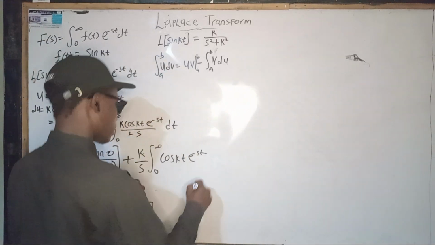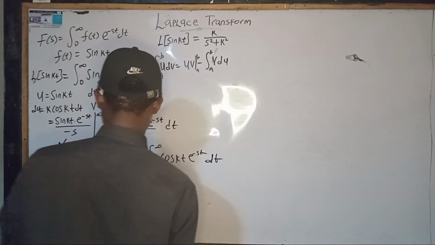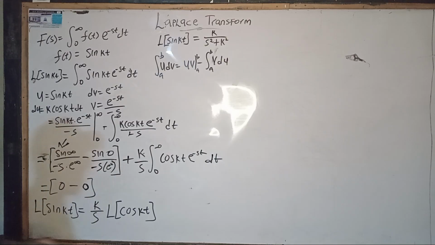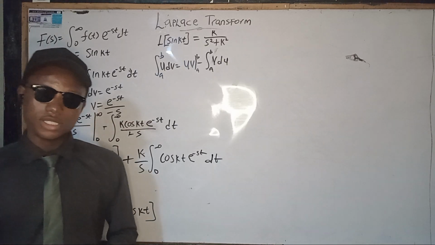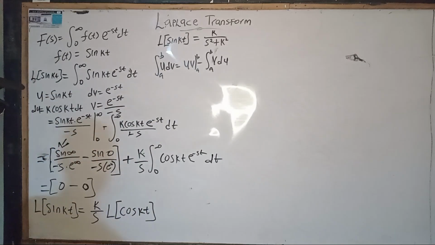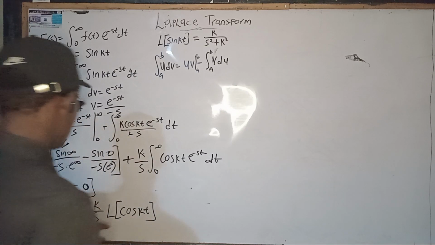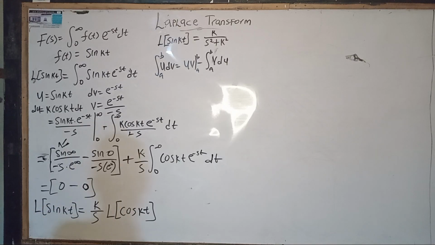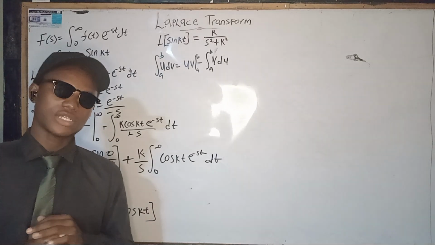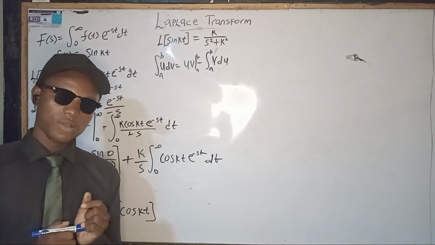This is what it seems like, and let's not forget our dt over here: the Laplace transform of cos kt. But we cannot just make an assumption, the same way we made an assumption about t raised to the power n.